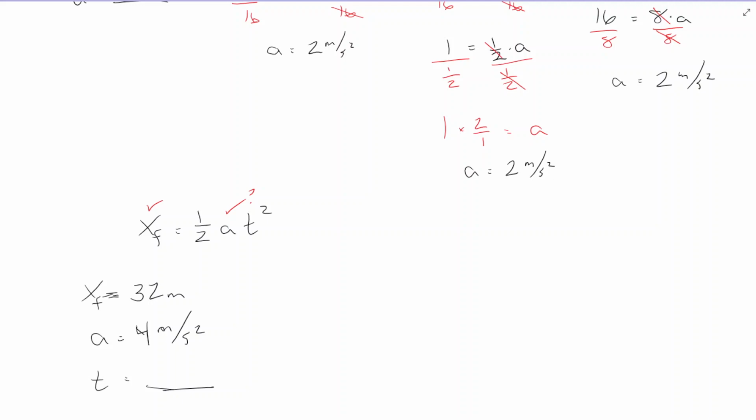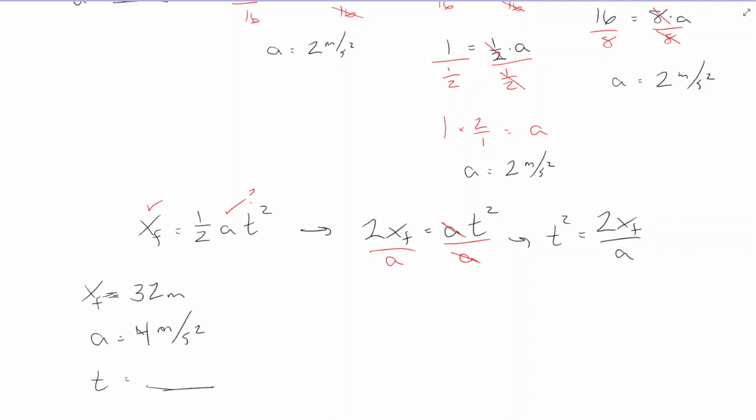Again, we could solve it algebraically without numbers. If I wanted to get t squared by itself, it's being multiplied by a and by 1/2. I can multiply both sides by 2, and I get 2 x final is equal to a times t squared. I could get t squared by itself by dividing both sides by a, and I get a new equation that says t squared is 2 x final over a.